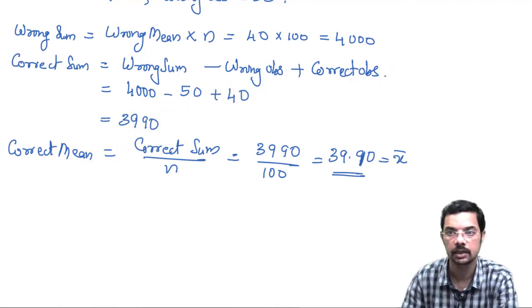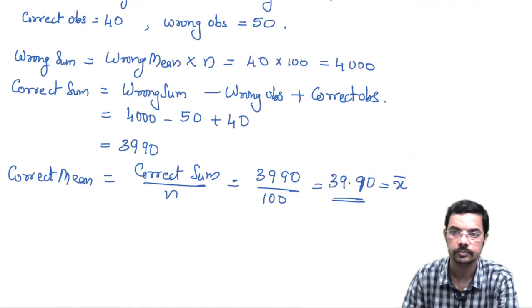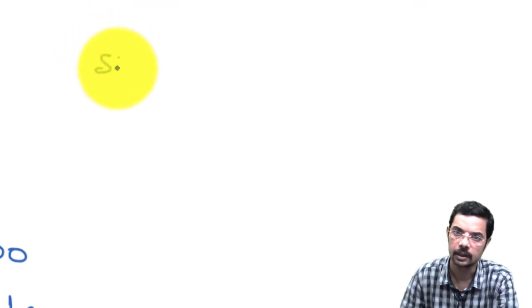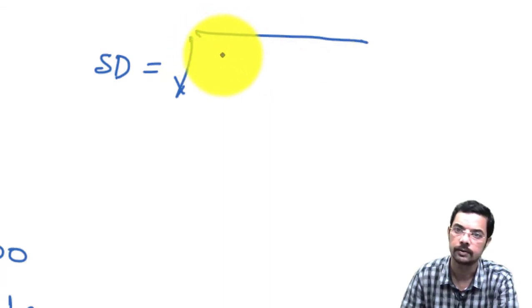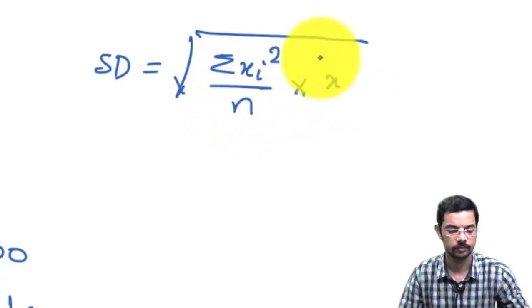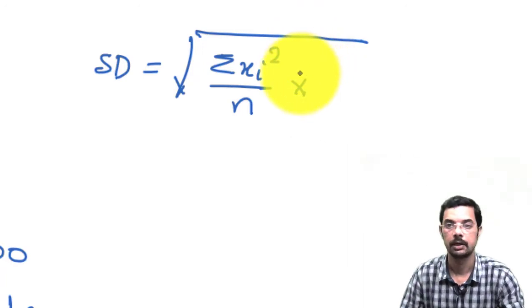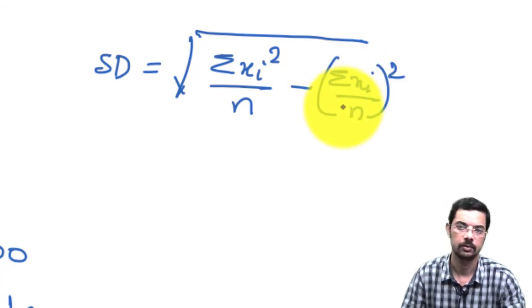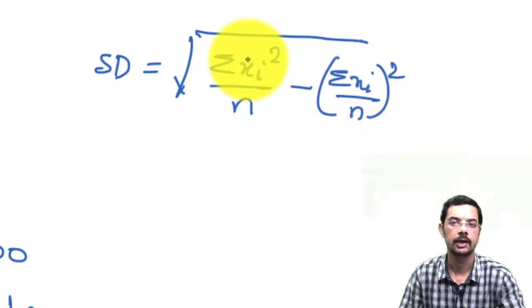The formula is like this: SD will be equal to square root of sigma xi square divided by n, minus sigma xi by n whole square. This is the mean, and this is the corrected sum of squares.